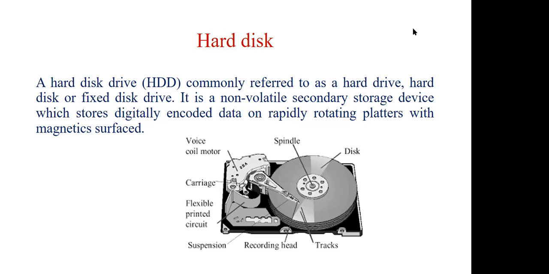Then you have this recording head. It directly goes to the particular track, and from there it fetches the data. So this head can directly move to the place we are looking for. That's why it's a direct access device.